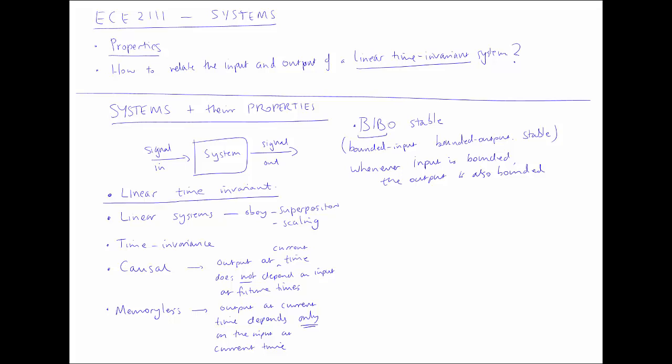In particular, the main class of systems we focused on are linear time invariant systems, and we were interested in understanding various things about them. We looked at these properties in the context of linear time invariant systems: causality, memorylessness, being BIBO stable.